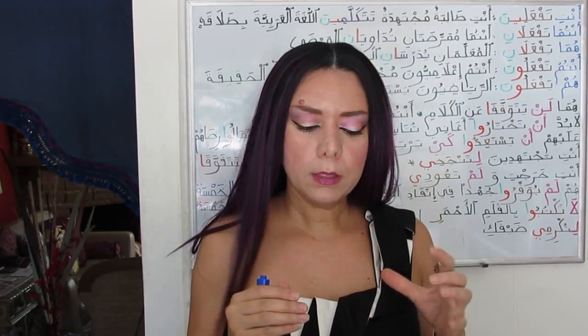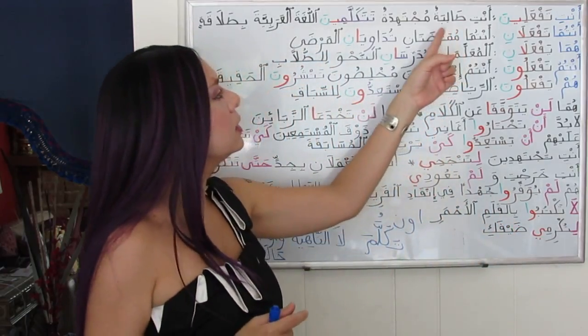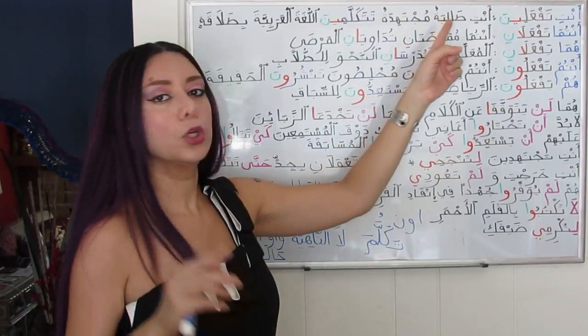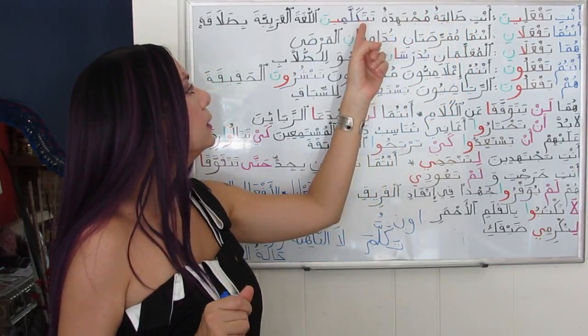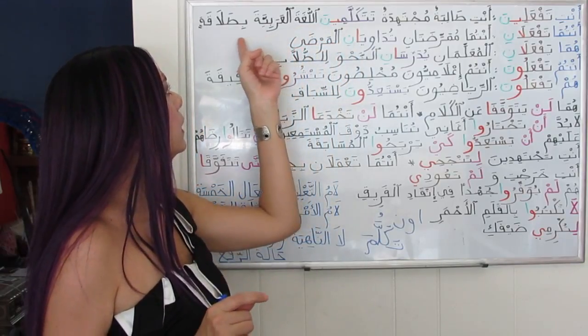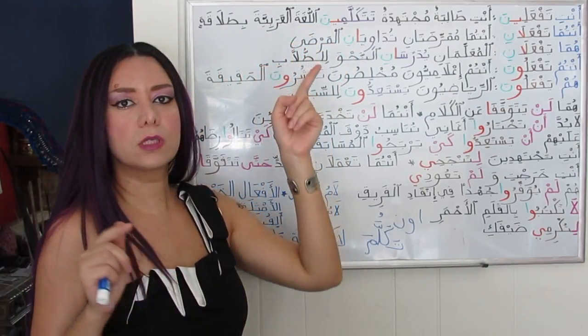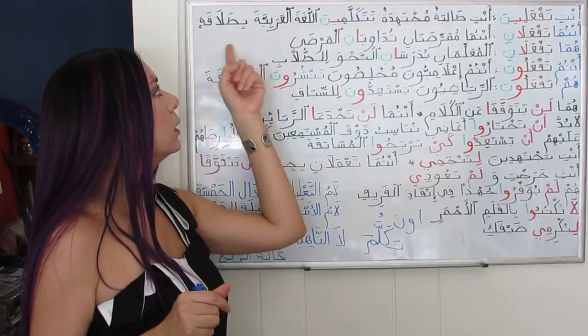So تكلم means to talk or to have a discussion or a conversation. So أنت طالبة مجتهدة, you are a diligent student. تتكلمين اللغة العربية بطلاقة. You speak Arabic fluently.